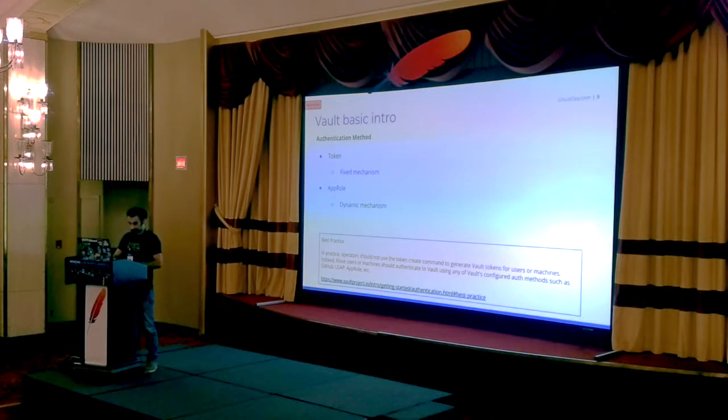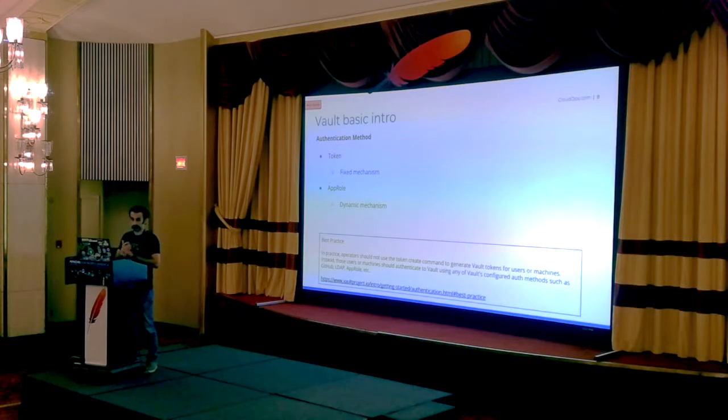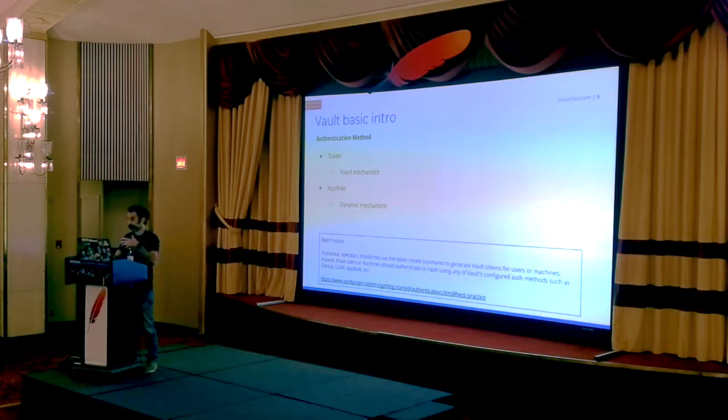I specifically put the best practice. I just got it from the official website of Vault. So this basically says exactly what I told, that you should not use token unless you have a very good reason that you need to use the token for the sake of the authentication.